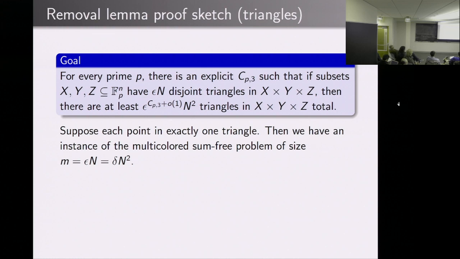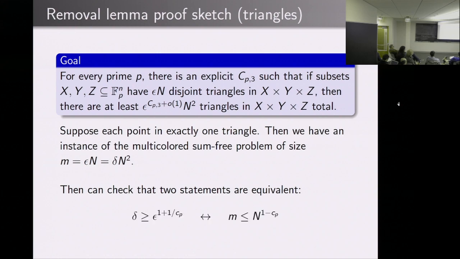Then if you let delta n squared be the total number of triangles, what you get is that m, the total number of triangles, is equal to both epsilon times n and to delta n squared. And then I claim that the two statements are basically equivalent. So, okay, let's go one way.